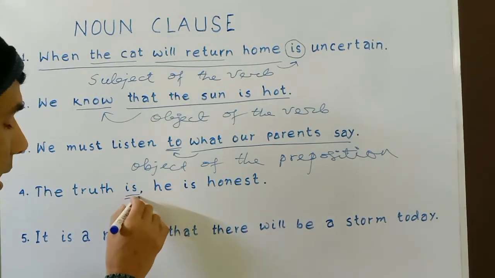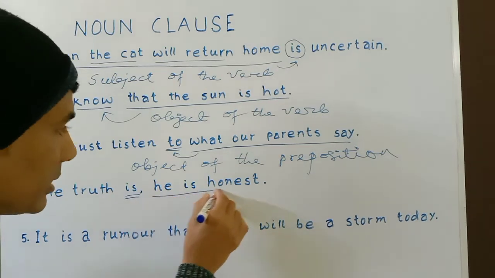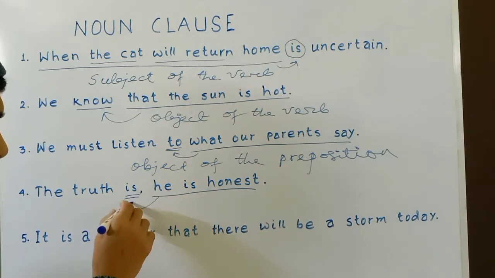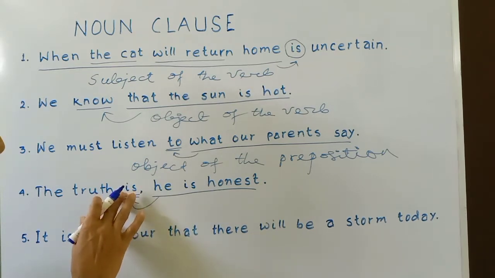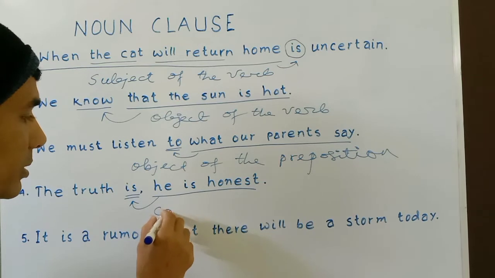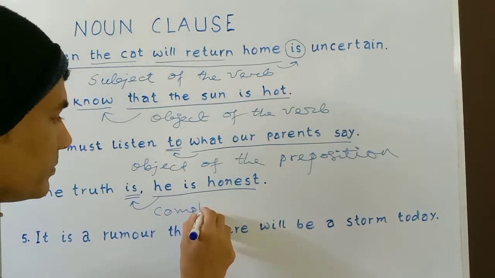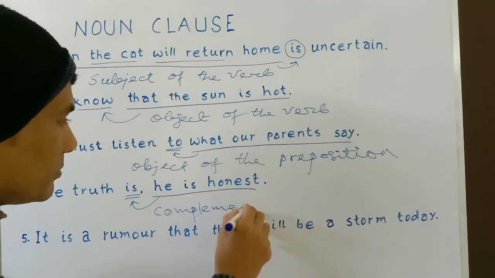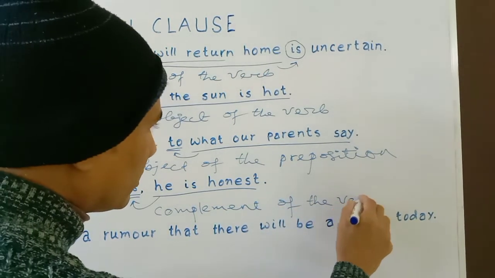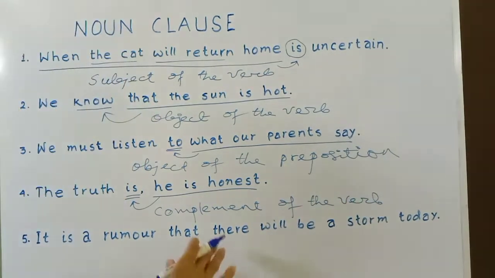So this is the verb, and it will take this part as its complement. To complete the meaning of this verb, we have added he is honest. So this is the complement of the verb.